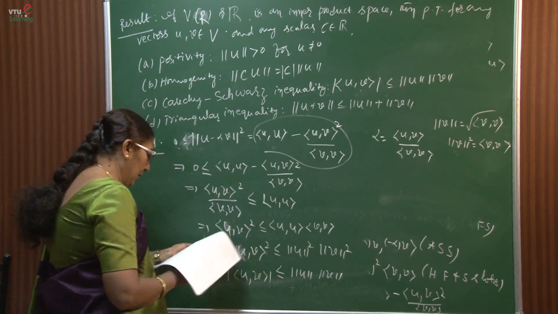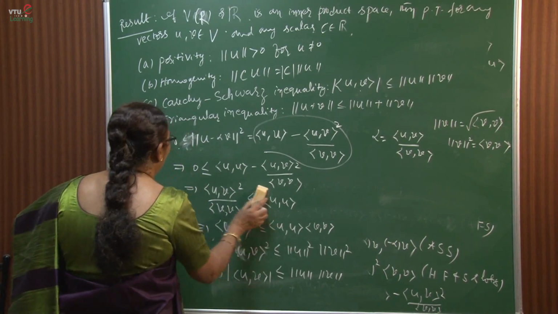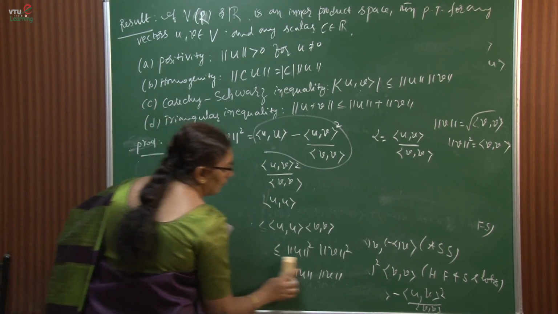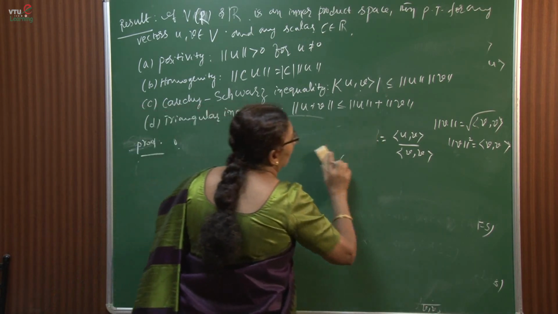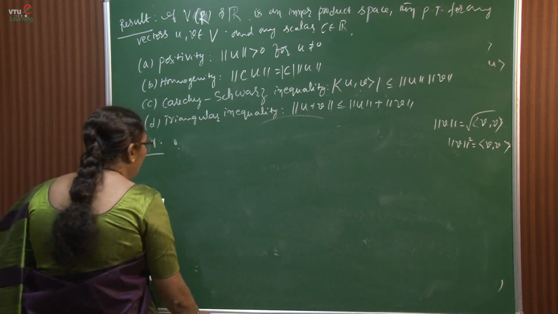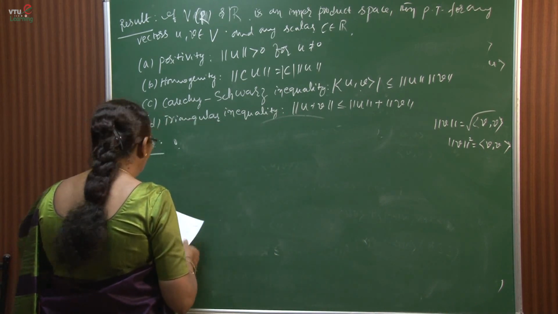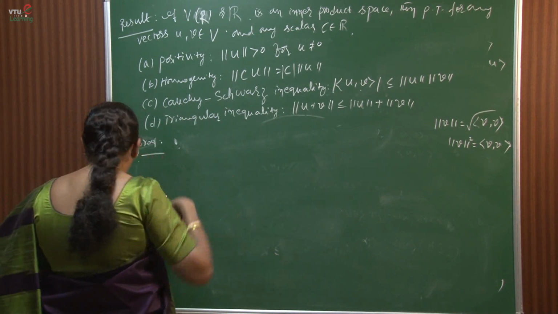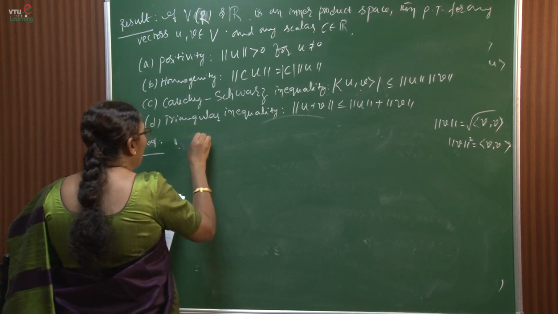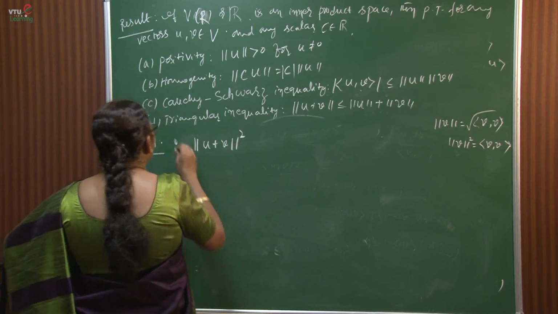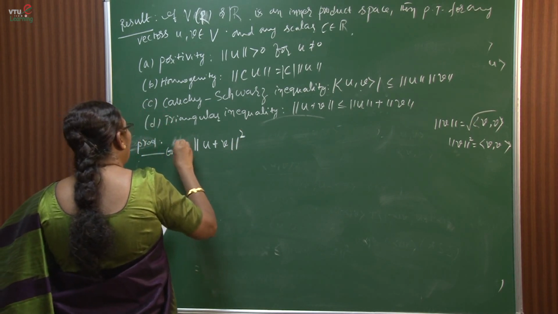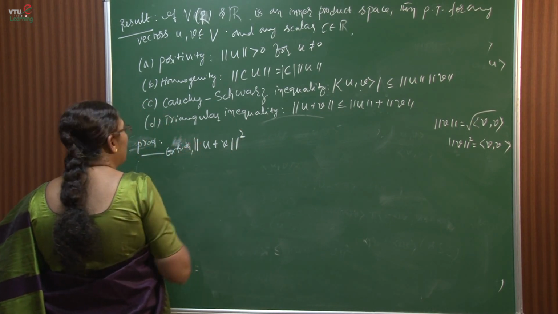Now let us move to the last one. The last one is the triangular inequality. If you want to prove the triangular inequality, consider norm of u plus v whole square.